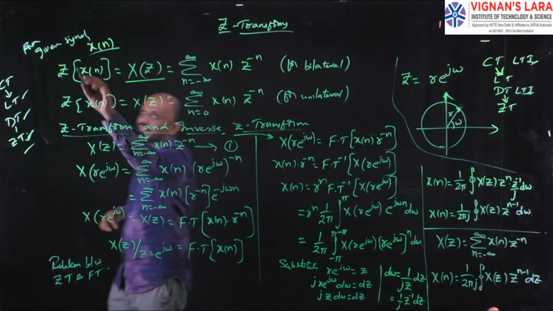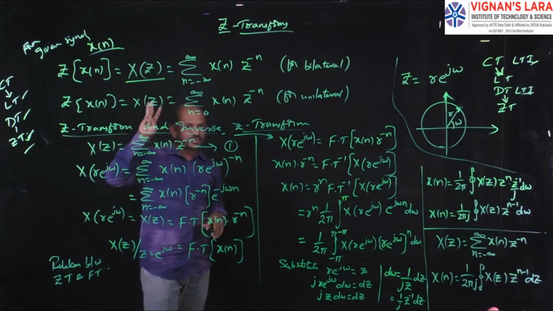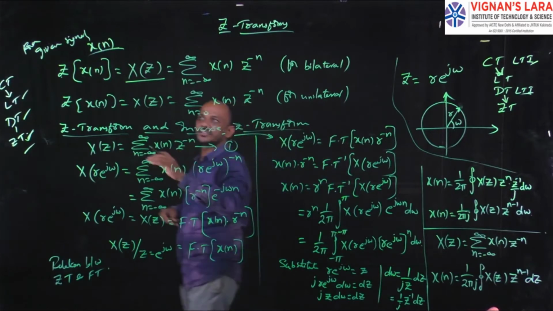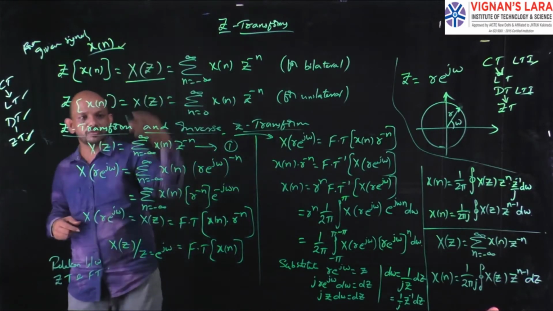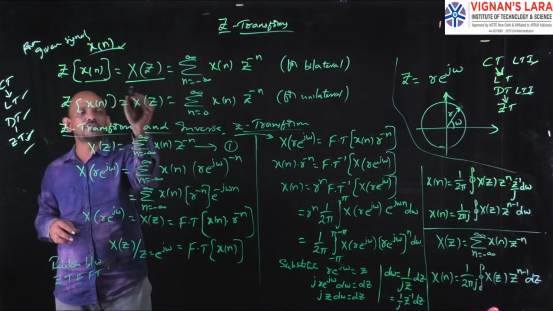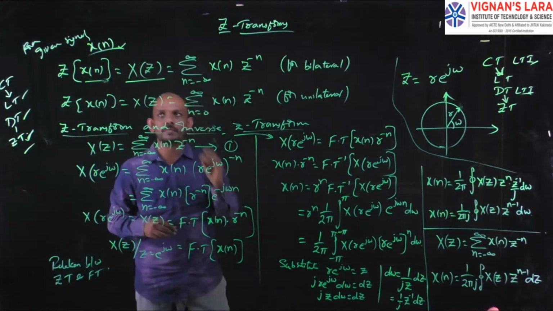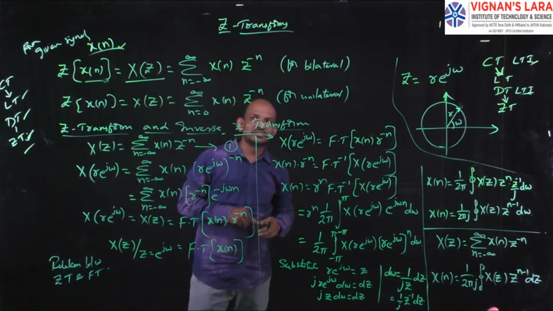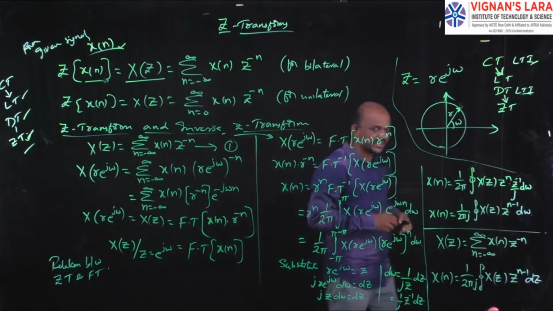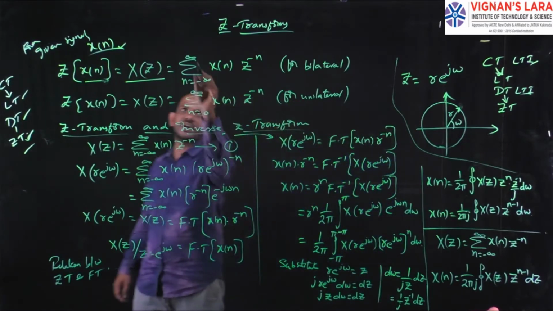For a given signal x of n: in the Laplace transform the signal is x of t, that is a continuous time signal. Here in the Z transform we go for discrete time signals, hence a discrete time signal is represented with x of n. For that I have to go for the Z transform, that is the Z transform of x of n, which can also be represented as capital X of z. That will be equal to the formula: summation n equal to minus infinity. For continuous we use integration, so for discrete the integration converts to summation, that is summation n equal to minus infinity to infinity.